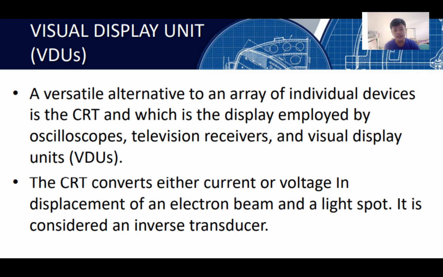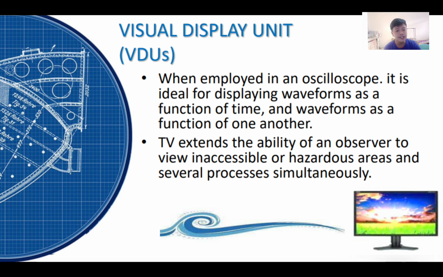A versatile alternative to an array of individual devices is the CRT, in which the displays are employed by the oscilloscope, television receivers, and visual display units, or VDUs. The CRT converts either current or voltage into displacement of an electron beam and a light spot. It is considered an inverse transducer.